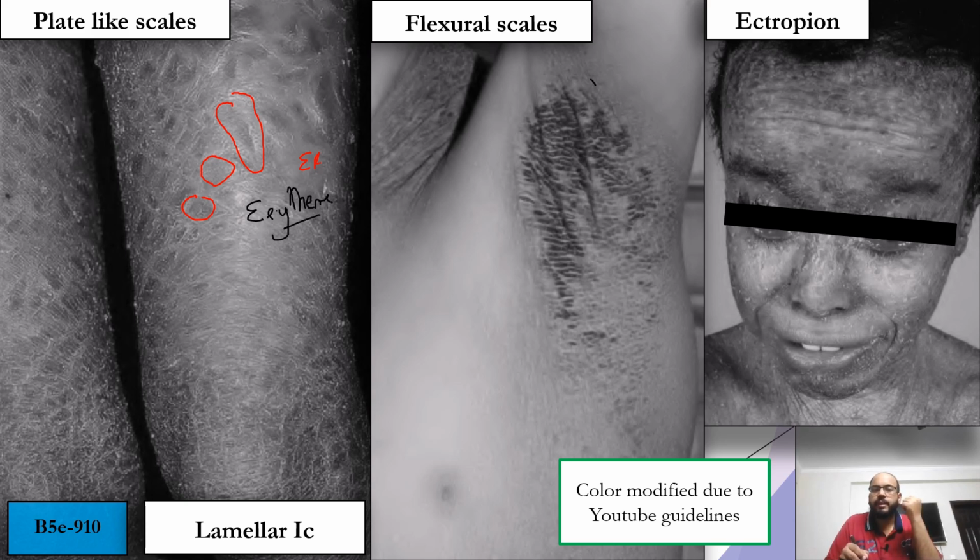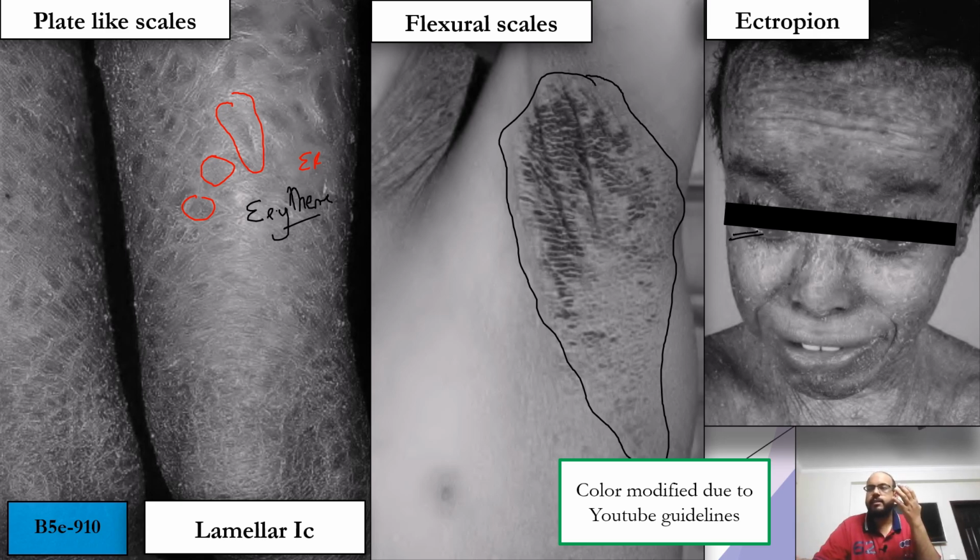There's flexural involvement in the form of flexural scales. Can you see this scale involvement? This I've taken from Bolognia, page 910, 5th edition. And we have ectropion in the baby because, as I've said, all kinds of ARCI except Harlequin ichthyosis start as a collodion membrane, and a collodion membrane has a feature of ectropion. Okay, so these are the pictures to show lamellar ichthyosis. Let's move forward.